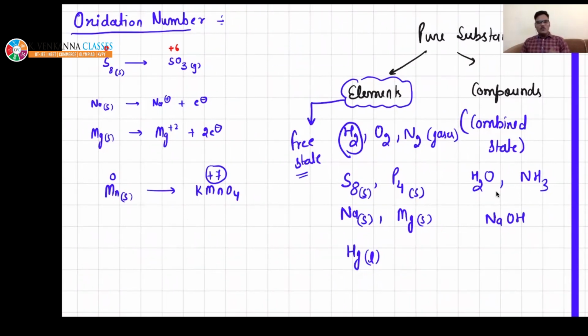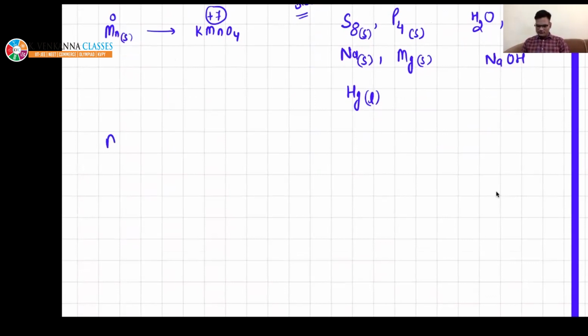So if you want to define oxidation number, you can define it like this: the number of electrons lost or gained to form a compound, to transform from the free state to the combined state. So I'm writing the definition here.